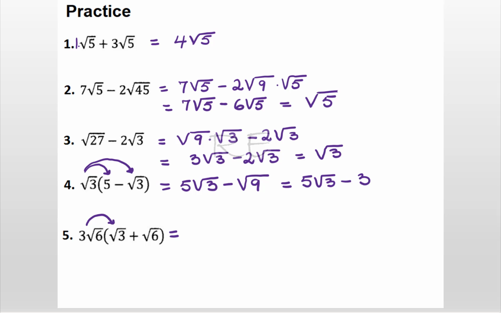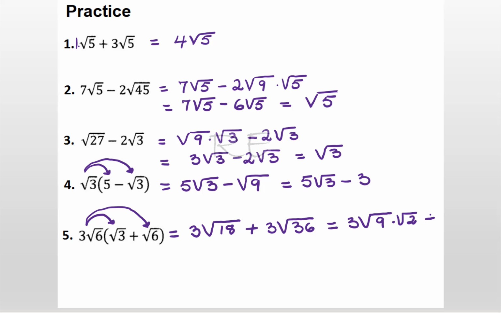Distribution again, 3 square root of 6 times square root of 3 will become 3 square root of 6 times 3, which is 18, plus 3 square root of 3 times square root of 6, 3 square root of 6 times 6, which is 36. 3 square root of 9 times 2, square root of 9 times square root of 2, plus 3 times 6, which is 18.